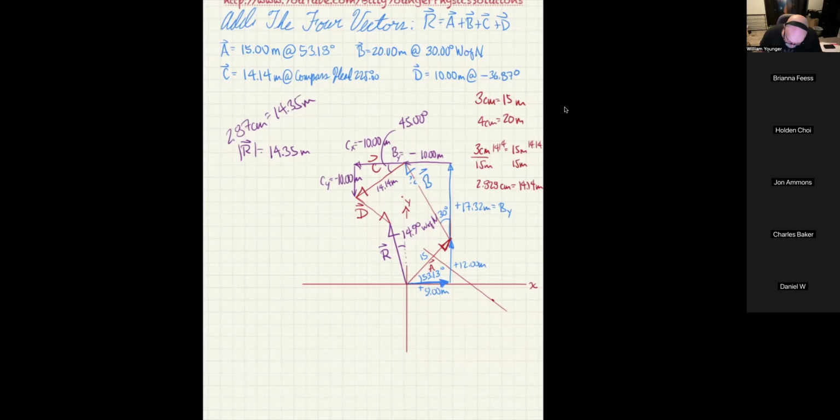And then finally, all we have to do is the D. So I've got to break its vectors down. The Y component is obviously negative. The X component is in fact positive. And this vector specifically had a length of 10.00 meters.